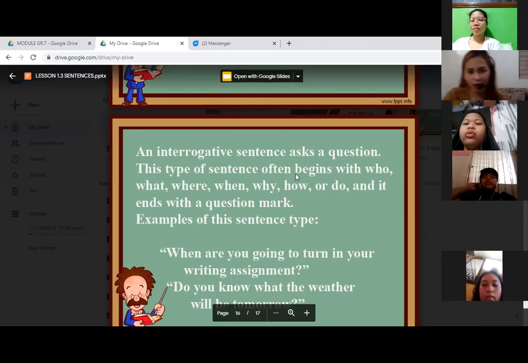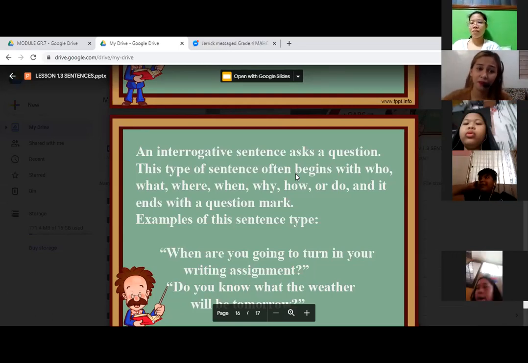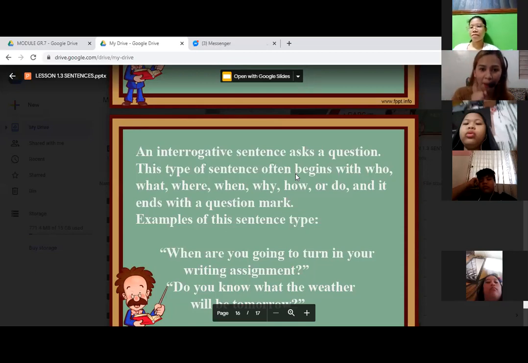So now, let's say for example, when are you going to turn in your writing assignment? Kailan ka daw ba gagawa ng ganong assignment mo? For example, what is your name? So, if I'm asking a question, what kind of sentence is that? Interrogative sentence. Hala ma'am, ang tanong pala ay pangungusap din. Opo. Baka akala nyo ang sentence ay nag-end lang sa period. No. A sentence also ends with a question mark.